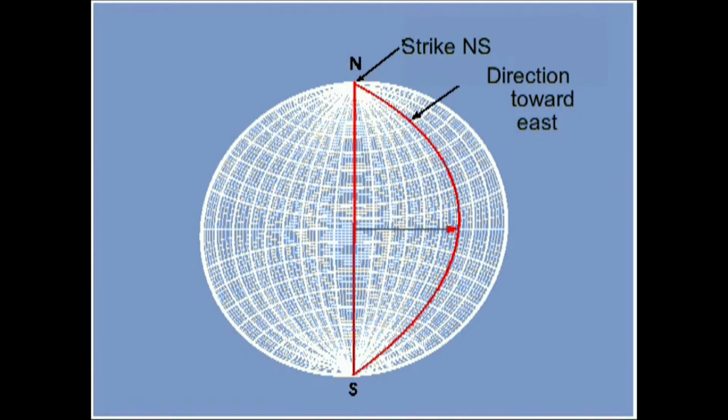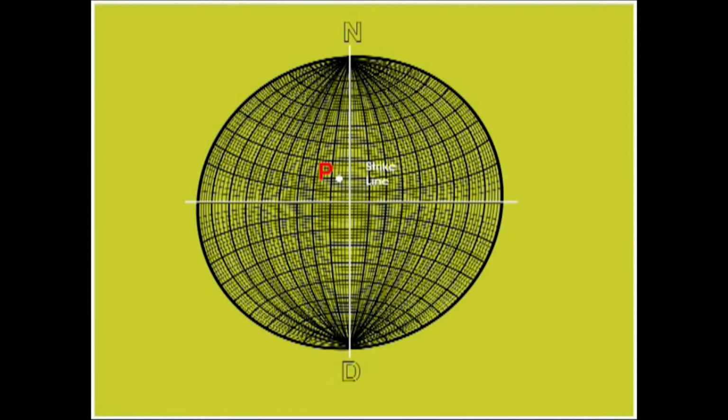So, the inclination of the plane will gradually become reflected in the stereographic projection in the distance of the stereographic projection on the median plane.